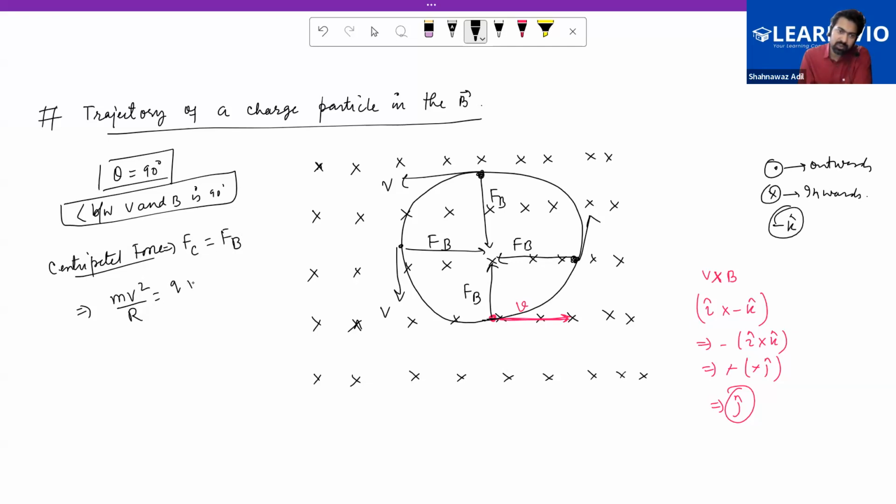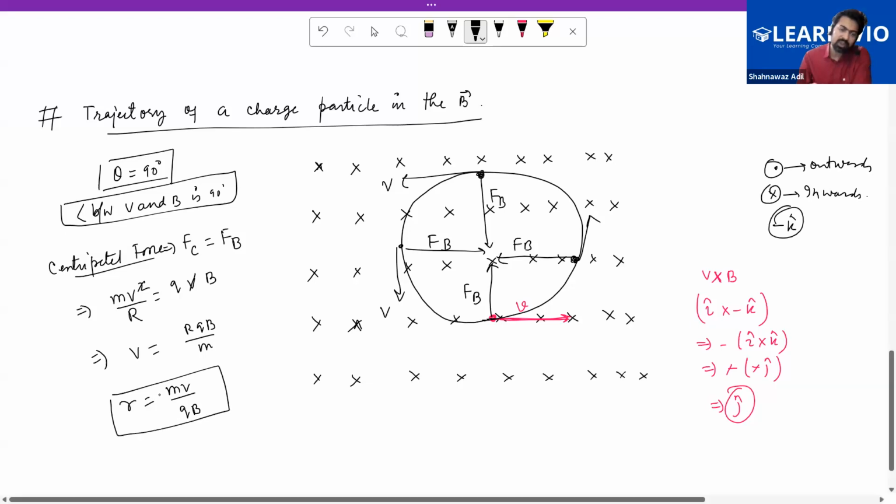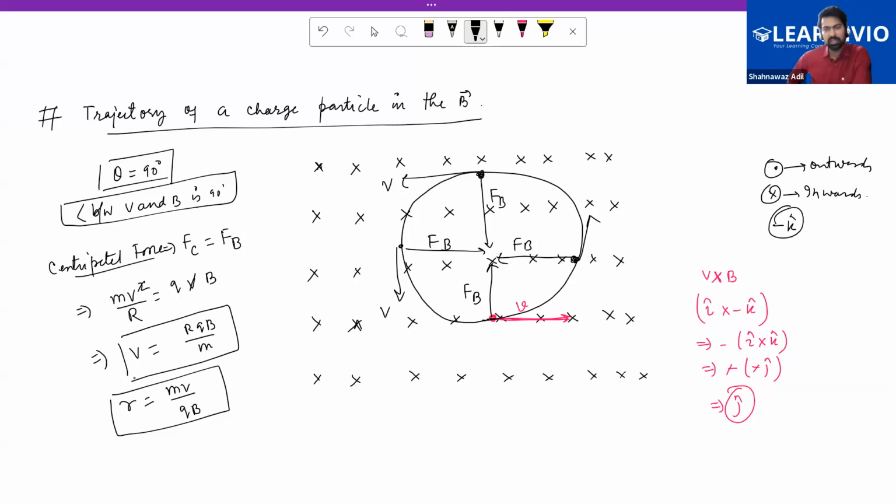This is qvB. So v will cancel, and the radius of the circle that we will get is mv by qB. So this is the radius of the circle.